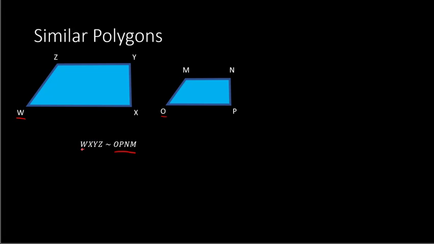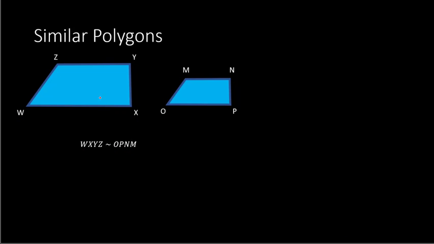So W comes first, O must come first. X comes second, P must come second over here, because those are corresponding. Y comes third, so then N must come third. And then Z comes fourth, so M must come fourth when writing this out.